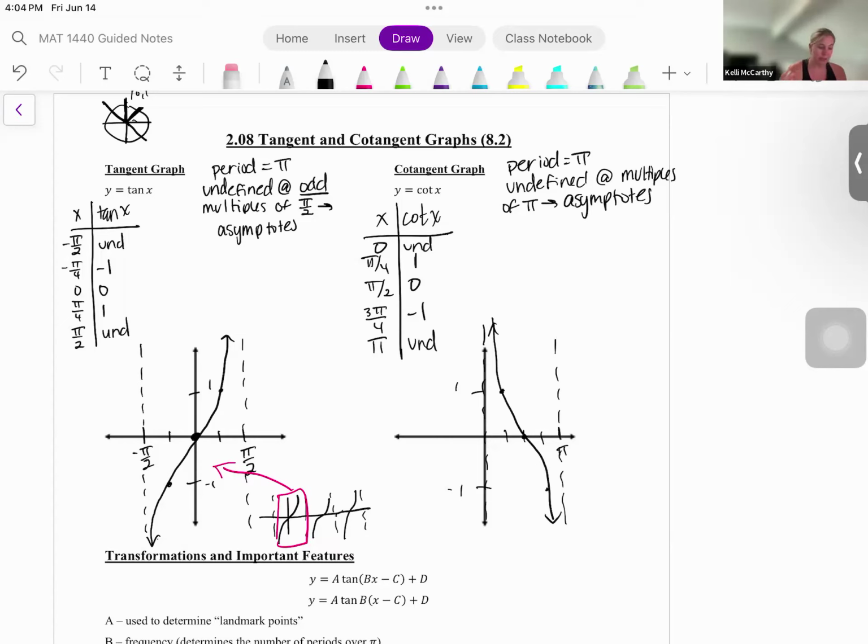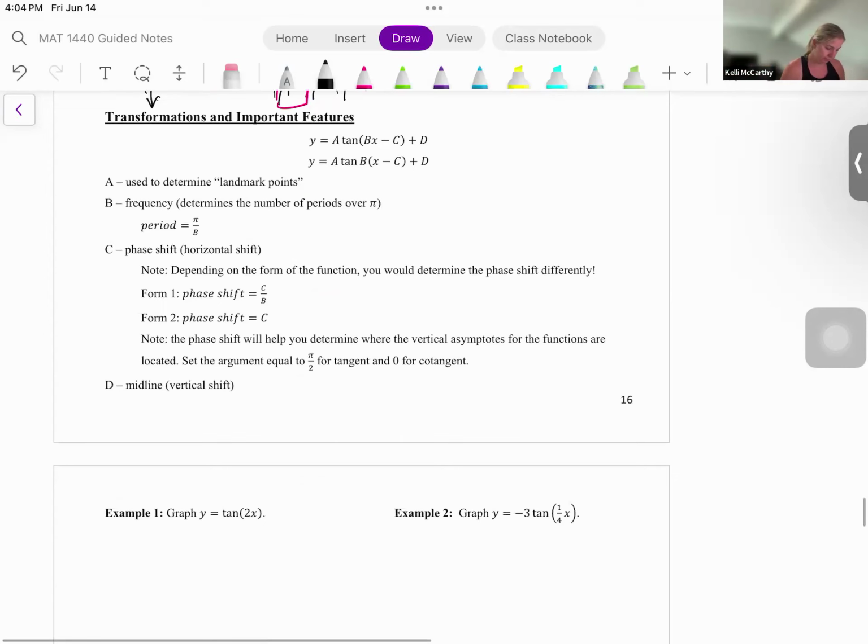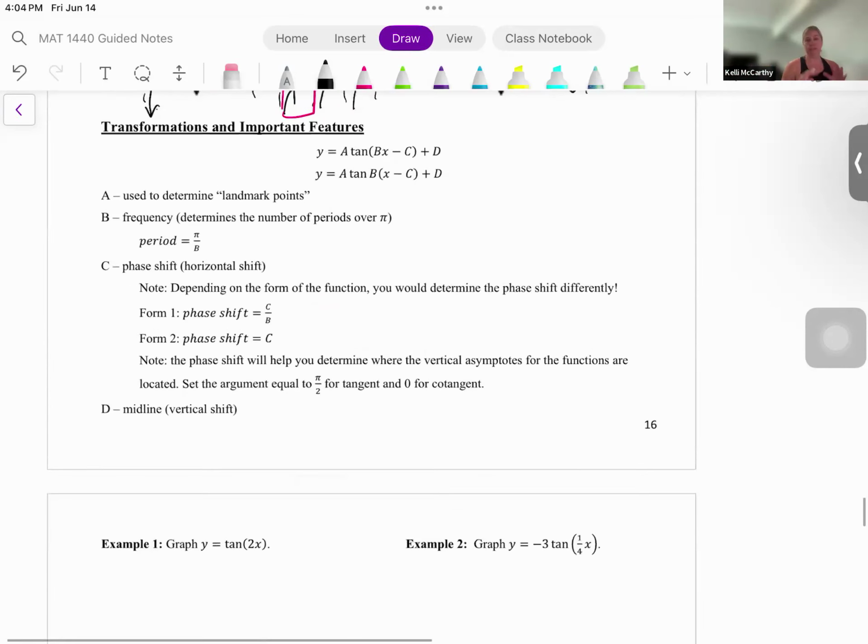And just like with tangent, we're going to see these different branches repeated. We're just looking at one period here. All right, so I've summarized the transformations similar to the way I summarized the transformations for sine and cosine.